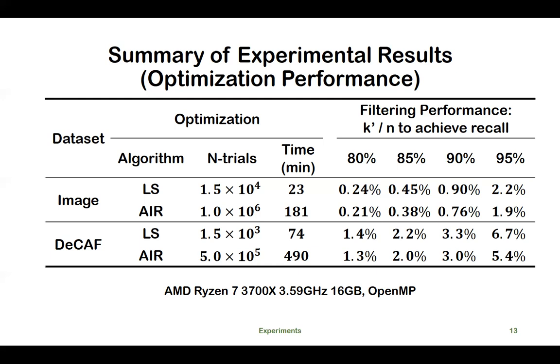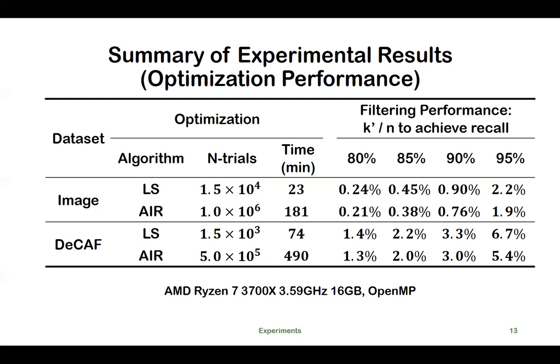The reason why the number of local search trials is small is that not only does it take longer to optimize than AIR, but the results do not improve even if the number of trials is increased. Probably because local search falls into a local minimum solution.